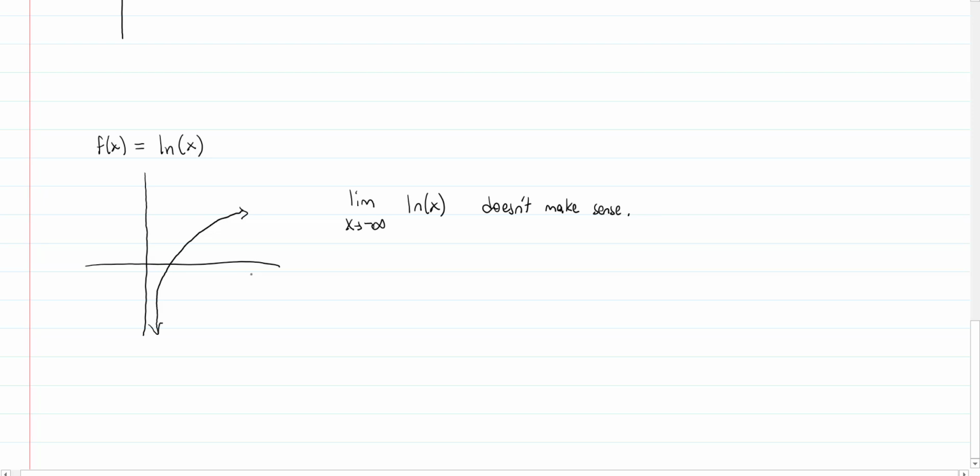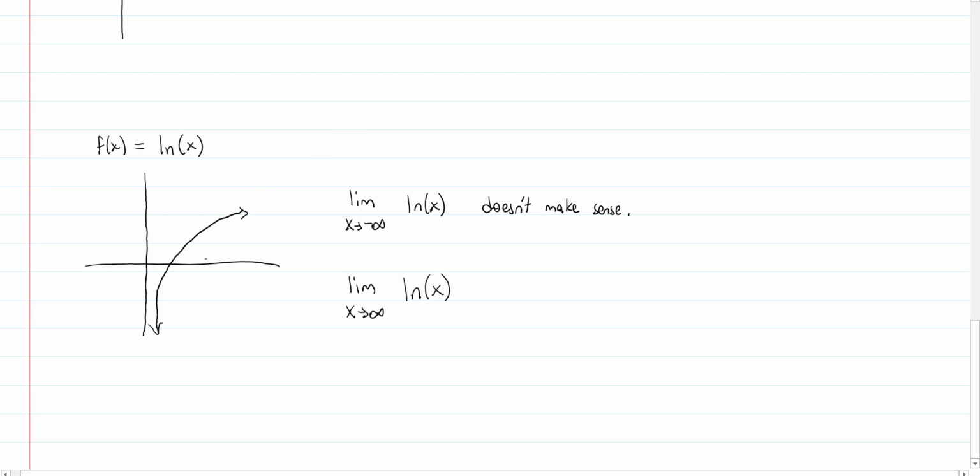So it's not even possible to consider x approaching negative infinity for the natural log function. But more important to note is what's happening as x is approaching positive infinity. It's a little bit hard to see, but the natural log function does grow without bound.